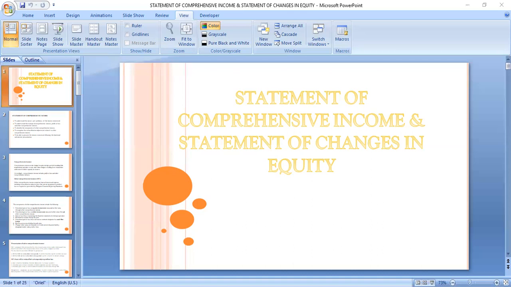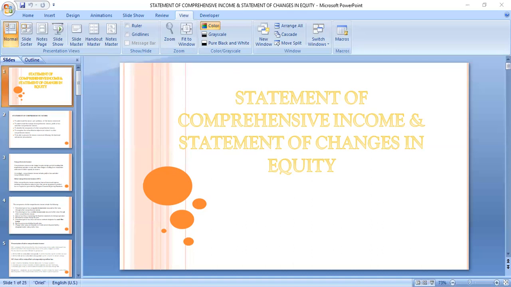B, change in revaluation surplus. The realization of the revaluation surplus is through retained earnings. C, remeasurement of a defined benefit plan are not recycled subsequently to profit and loss, but may be transferred within equity or retained earnings.